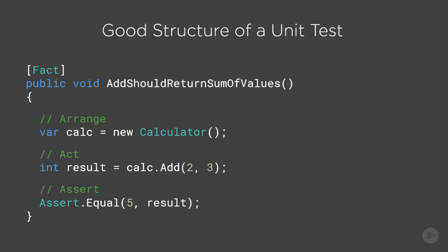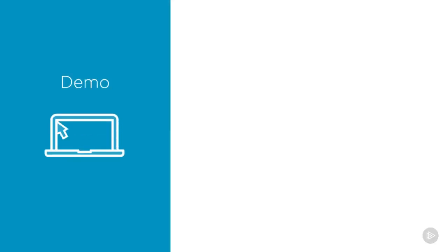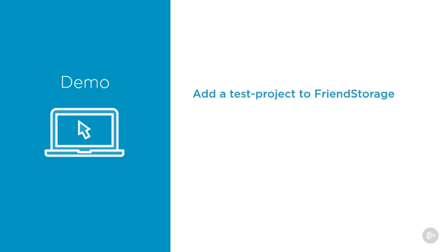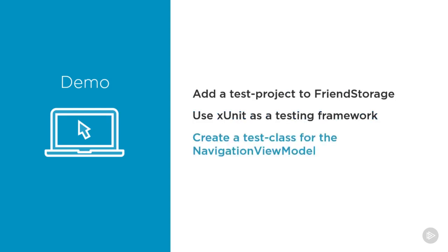Now let's add a test project to the FriendStorage application before we continue with test-driven development. In this demonstration, we add a test project to the FriendStorage solution. We will use XUnit as a testing framework, and we will create a test class for the navigation view model.